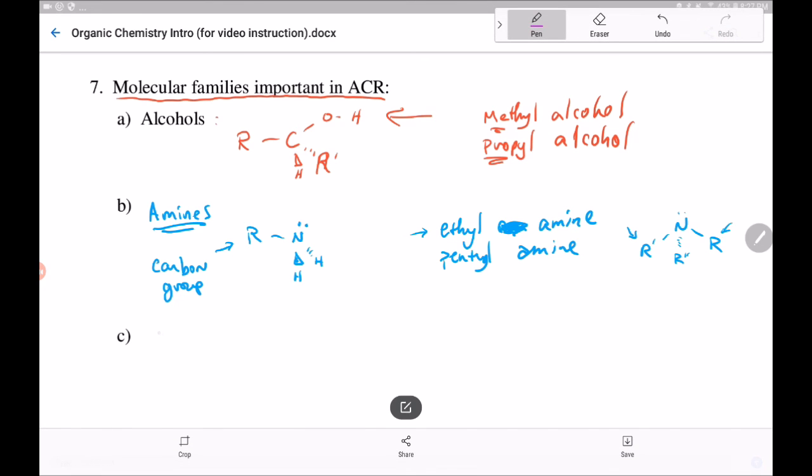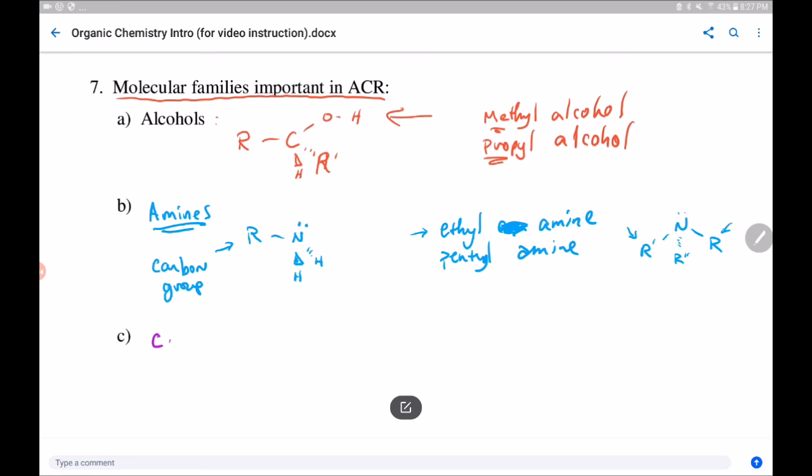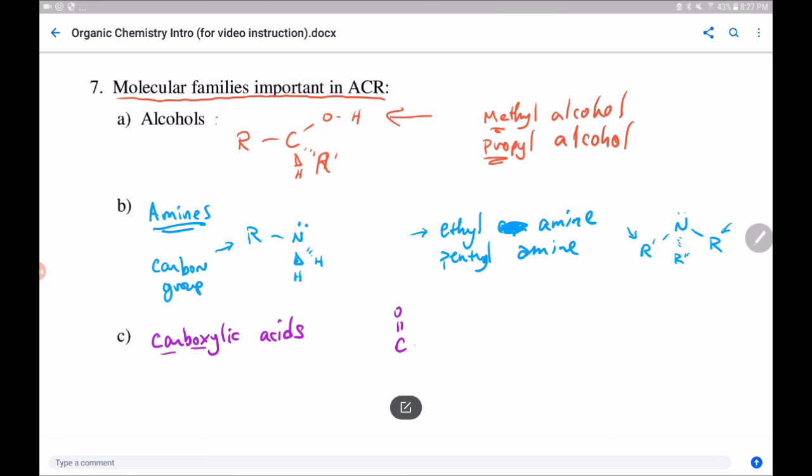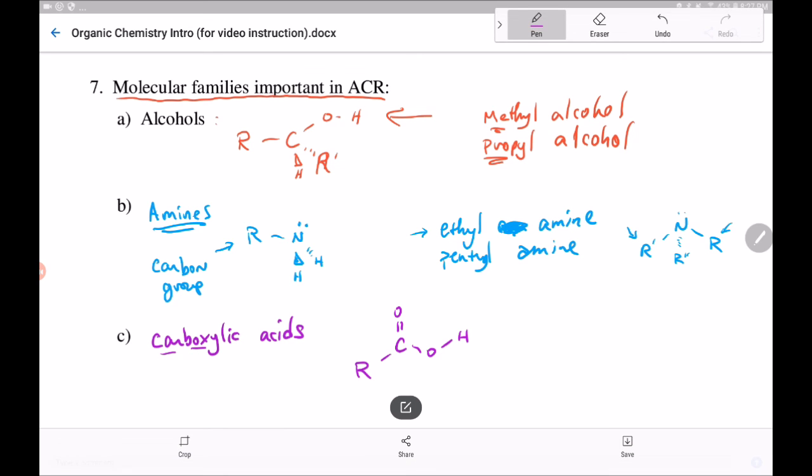The third group that's very important for you to recognize are carboxylic acids. You saw these in sophomore chemistry. Carboxy, carbon and oxygen. This has the structure COOH. Very common, very important. Trigonal planar geometry, rest of molecule here.